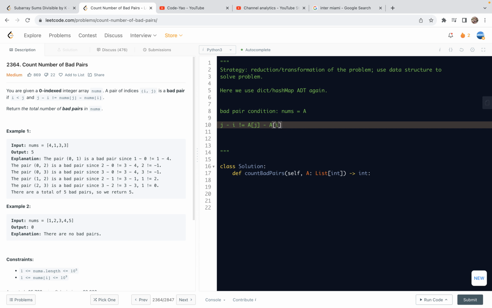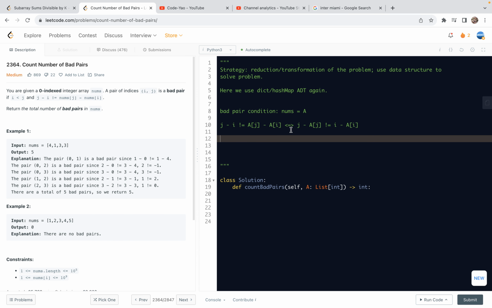In this format, we know that both sides involve i and j simultaneously. But if we transform this, basically this is equivalent to j minus aj does not equal i minus ai. Or in reverse, you can use aj minus j and ai minus i. So these are the corresponding bad pairs.